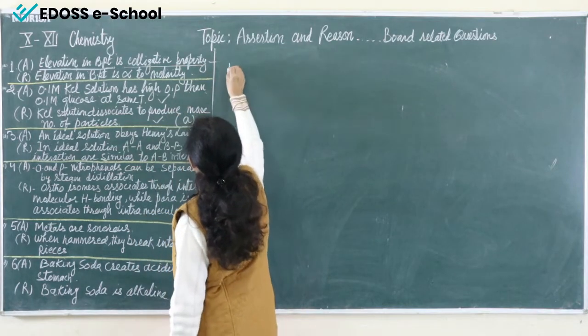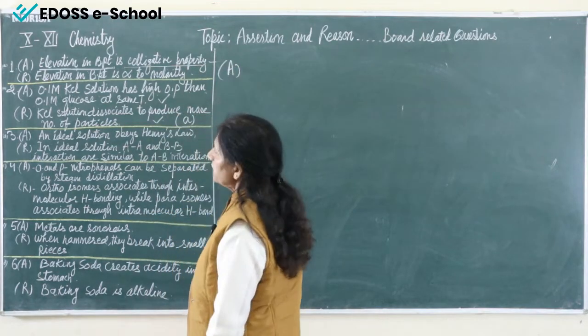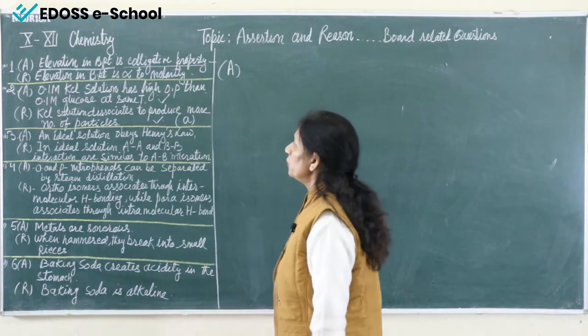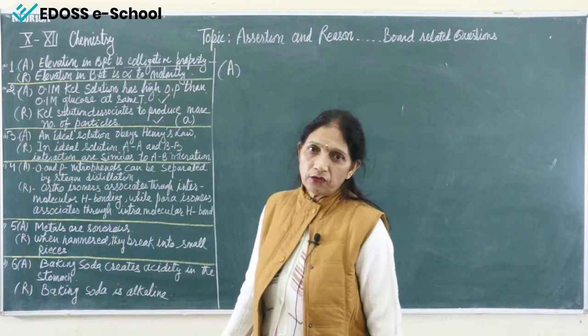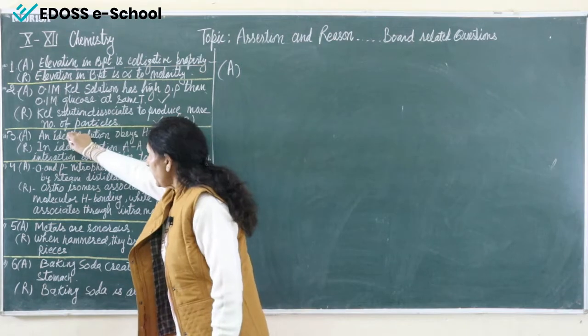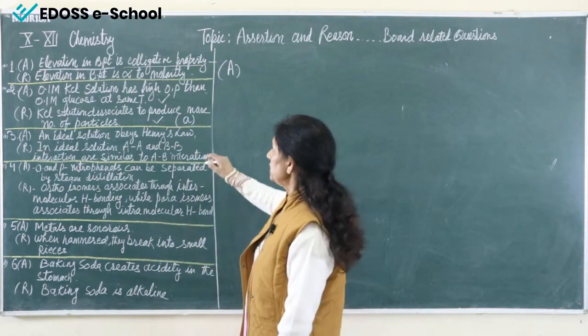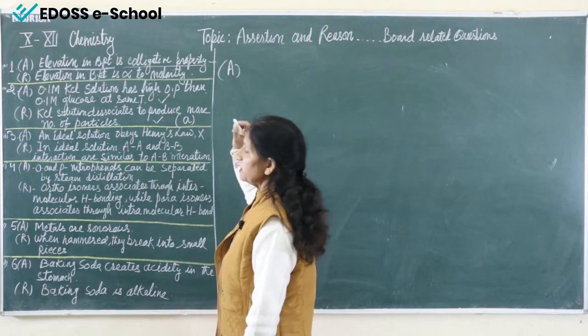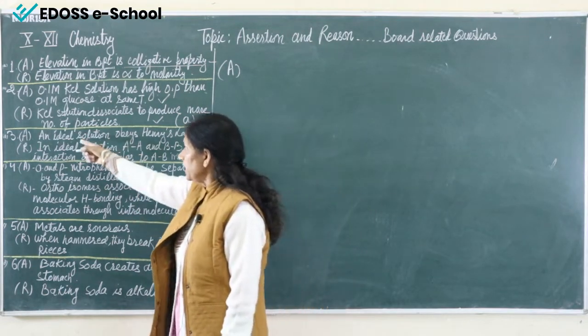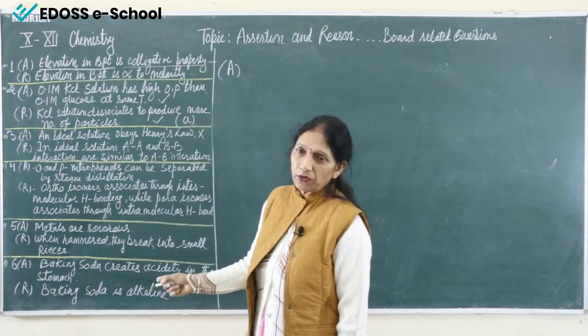Now see the assertion. What is the assertion saying? That an ideal solution obeys Henry's law. We know that an ideal solution obeys Raoult's law. That means this is not right, because an ideal solution obeys Raoult's law.